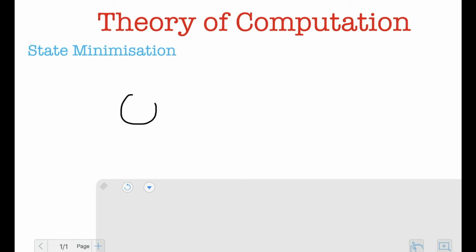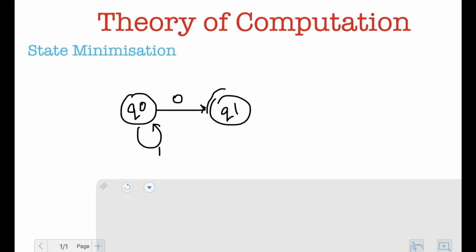So let's say I have a DFA which is something like this. So on 0, this goes to Q1 and stays at itself on 1. And Q1 is, let's say, my final state. And from Q1 it just stays at itself on 0 and goes back on a 1.